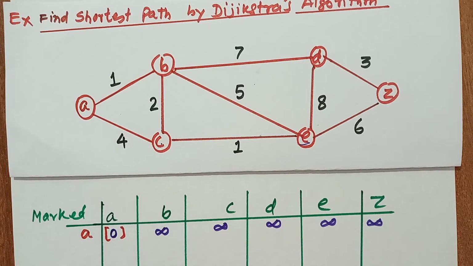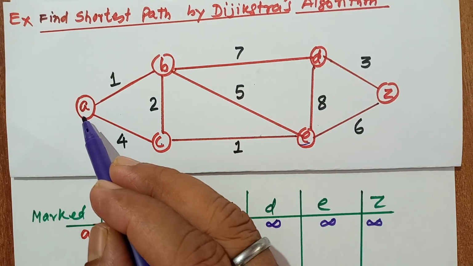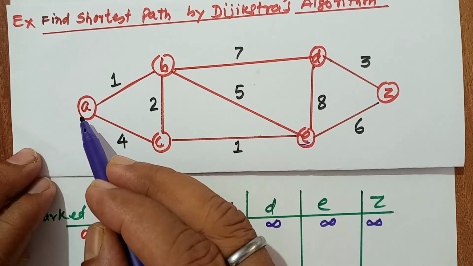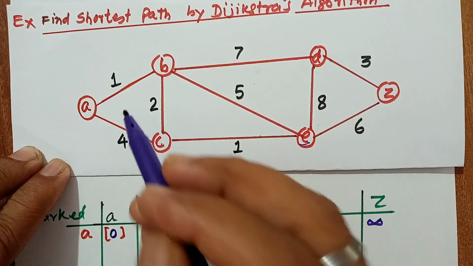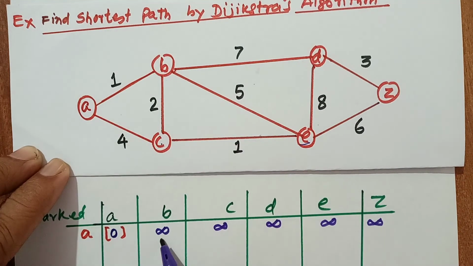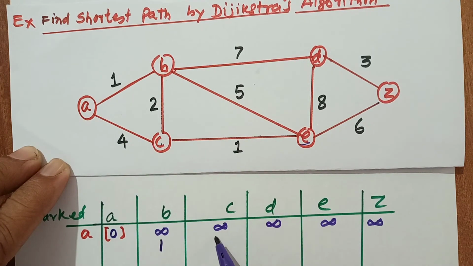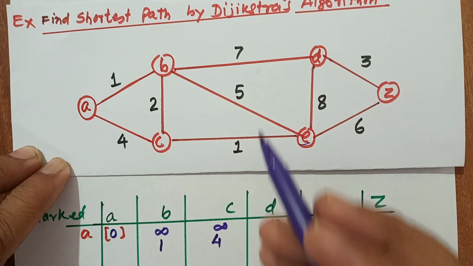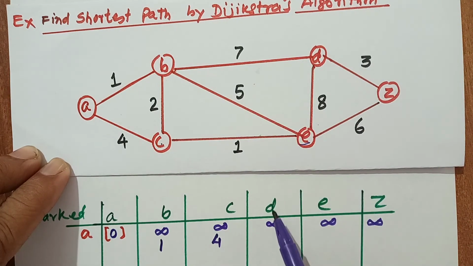Now concentrate on A. How many vertices are directly connected to A? B and C. So A to B is 1, so 0 plus 1 is 1. A to C is 4, so 0 plus 4 is 4. Since the other vertices are not directly connected, we write the same values, a copy of these values.